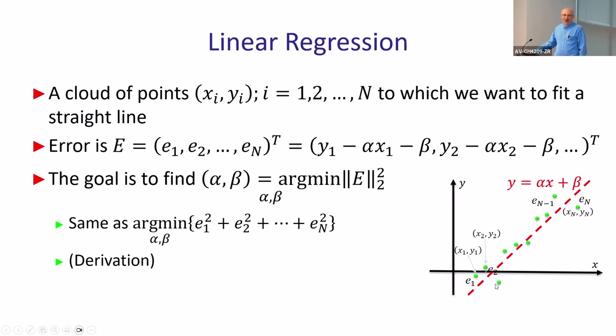And I want to pass a straight line, for correlation purposes or whatever other purposes, just to see what is the best fit line to these points. This is my model. My model is alpha x plus beta. So this will be the y-axis, this will be the x-axis. And I'm sorry that I'm using x here for a completely different purpose, not as a vector x, it's just coordinates x and y of points. So you need to get used to change of notation on the fly.